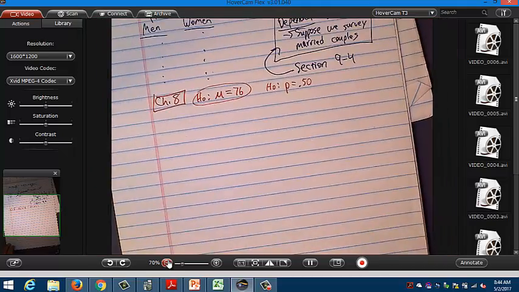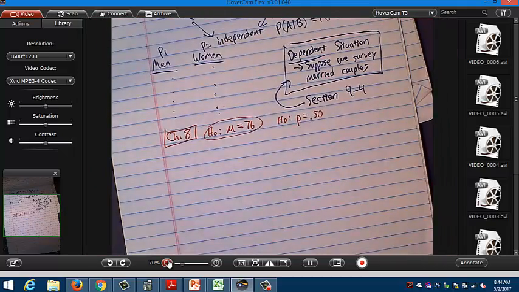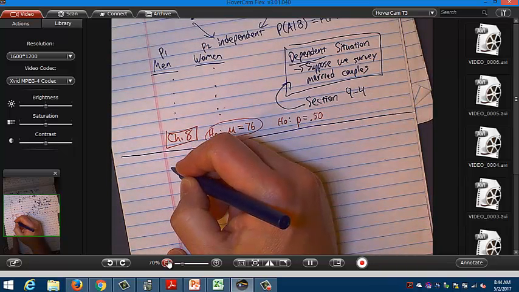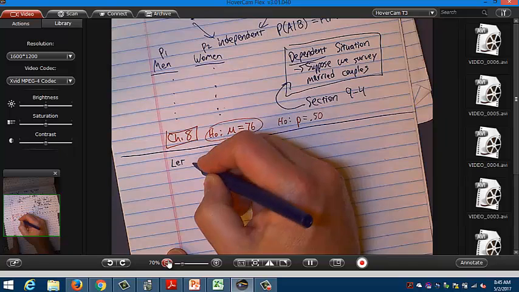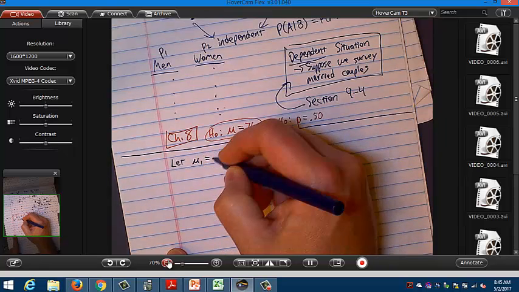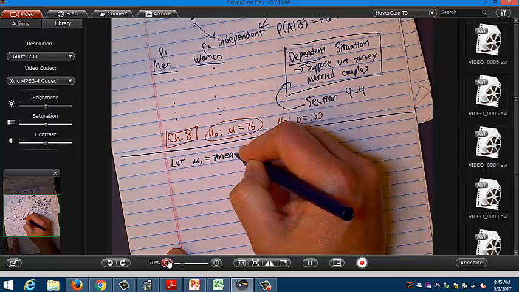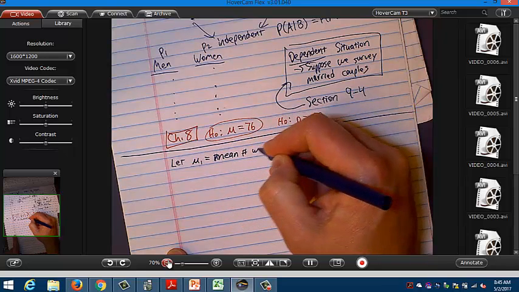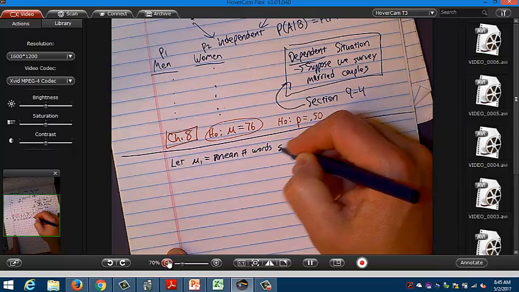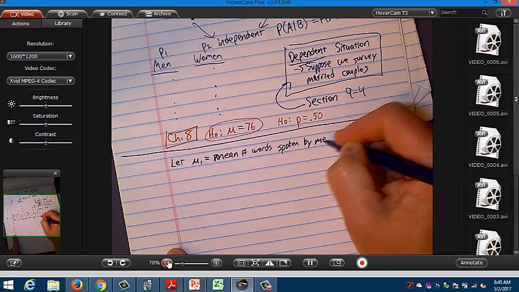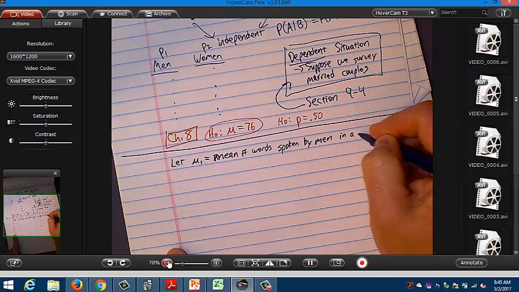I think how I would translate that would be the following. I would say something like, let mu1 be the mean number of words spoken by men in a day.